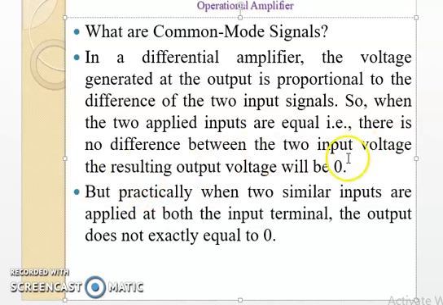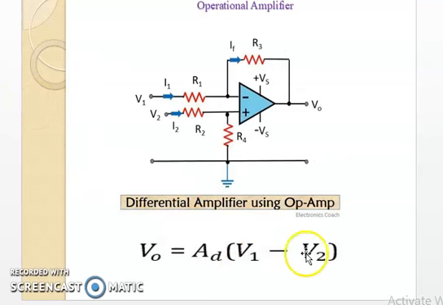In the sense, both the inputs V1 and V2 are the same. There is no difference, a zero difference. So the term in the bracket becomes zero, and our output voltage is A into 0, which is 0.